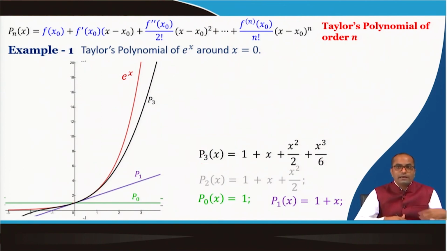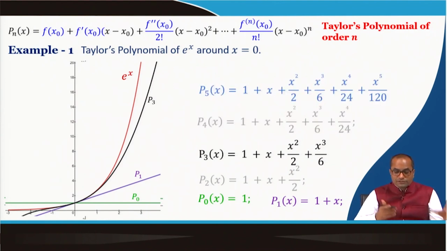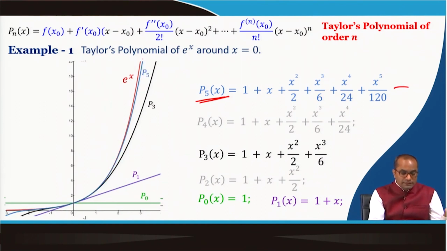So we go to the higher and higher order, and we see that it is getting closer and closer to the given function. For instance, if we go up to the order 5 polynomial, we see that it is getting closer in a large neighborhood of this 0 point.